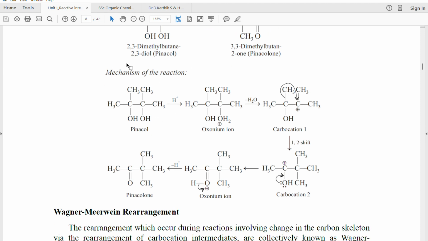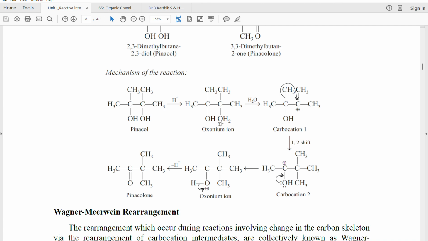So when we see the mechanism of the pinacol-pinacolone rearrangement here, you see we take pinacol as a starting material and add the acid, that is the H plus mentioned here. So when it reacts, it protonates one of the hydroxyl groups. Among the two, it protonates one. After the protonation, we can see an oxonium ion, that is H2O plus, the name is oxonium ion.